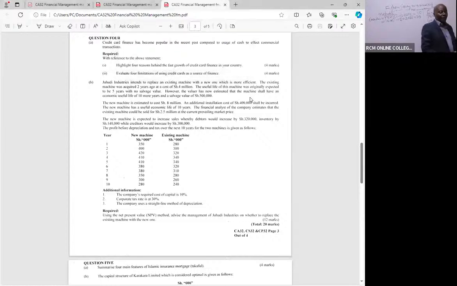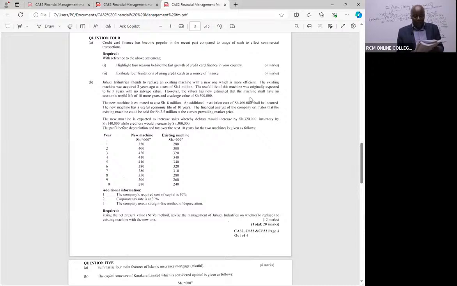The useful life of this machine was originally expected to be 5 years with no salvage value. However, the valuer has now estimated that the machine shall have an economic useful life of 10 more years, and a salvage value of 500,000.